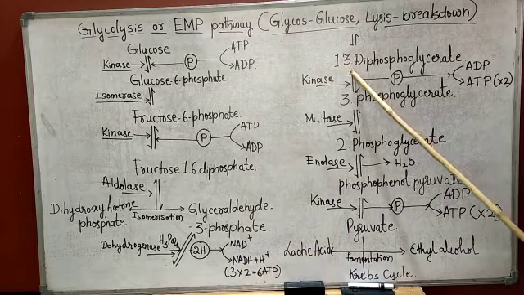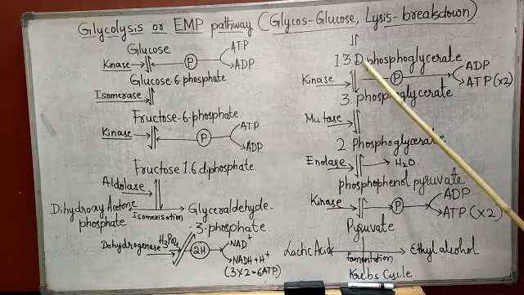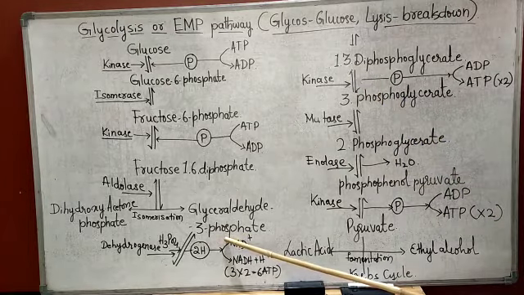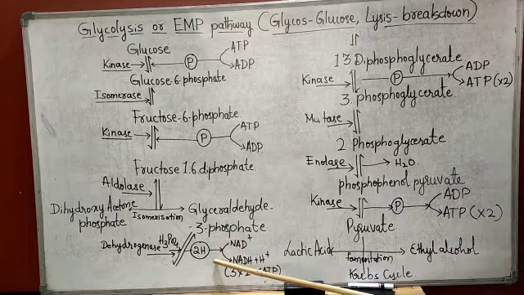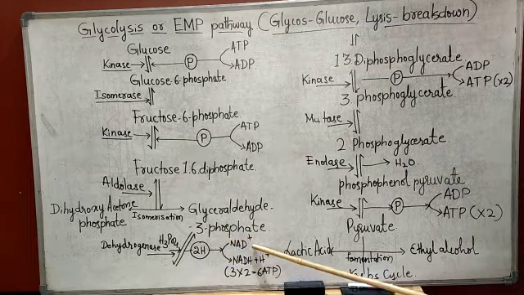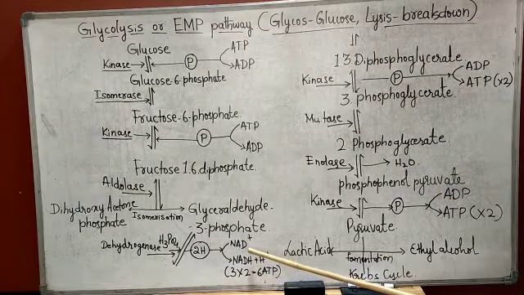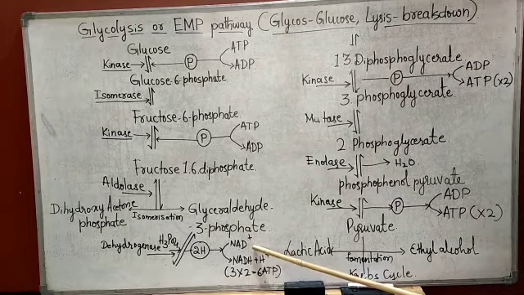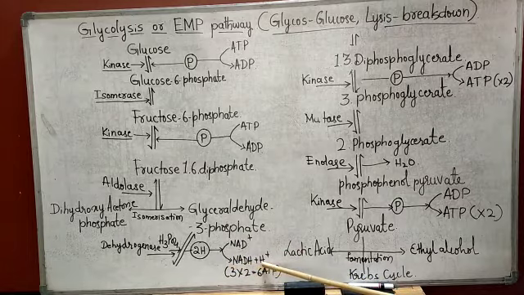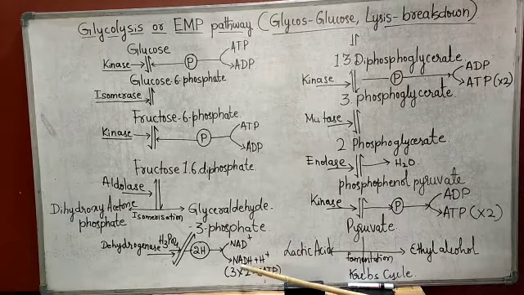1,3-diphosphoglycerate. After dehydrogenation, the pair of hydrogens are liberated, and those are accepted by NAD. NAD means nicotinamide adenine dinucleotide. It is reduced to NADH2, reduced nicotinamide adenine dinucleotide.